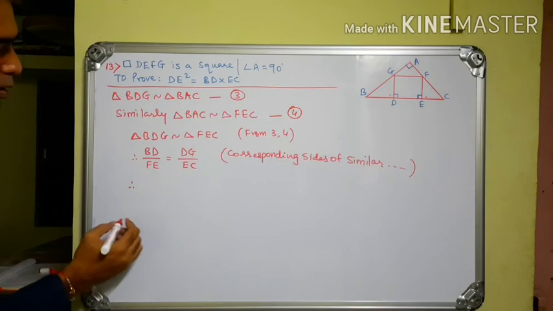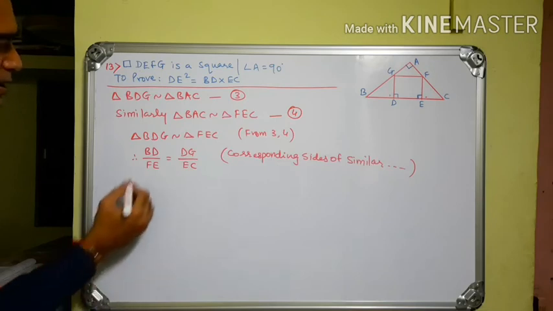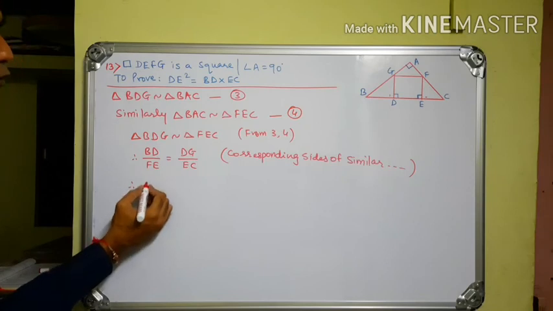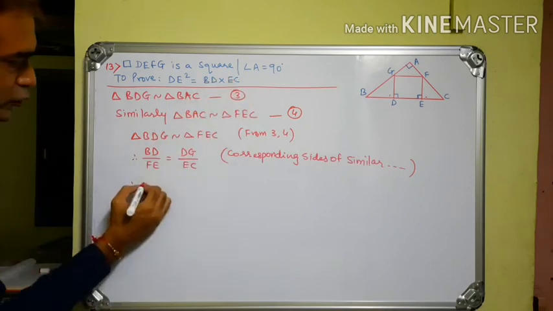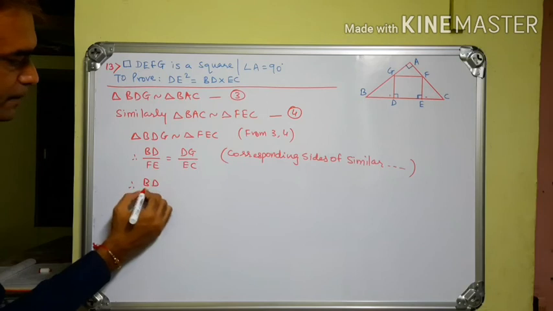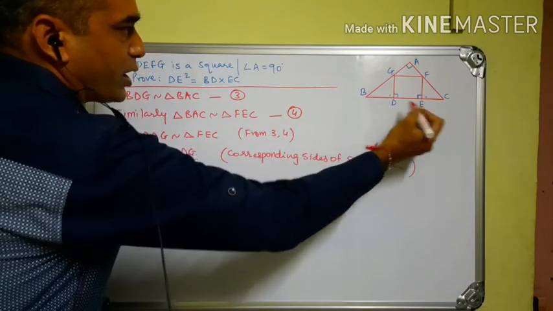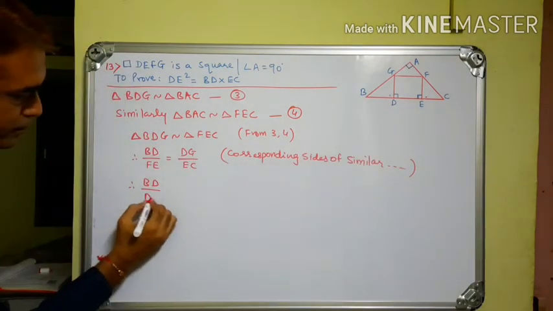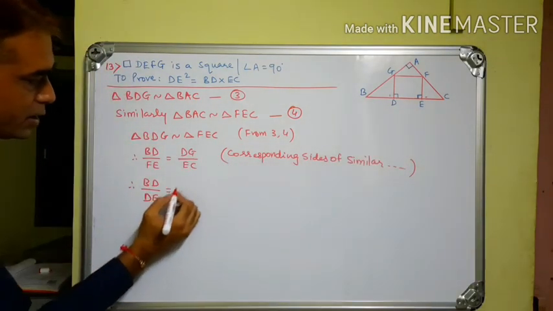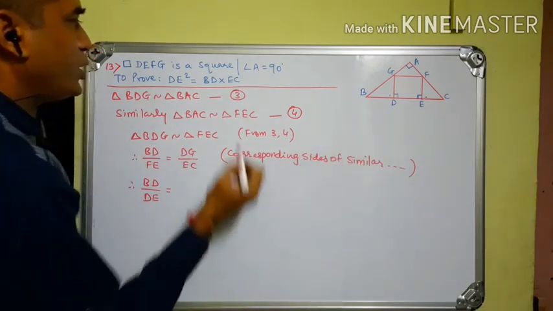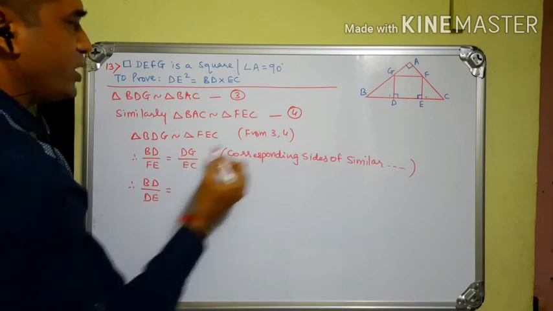Therefore we need BD here, and EC also. Now instead of EF we can write DE, because sides are equal, and instead of DG also we don't need DG, we need DE.